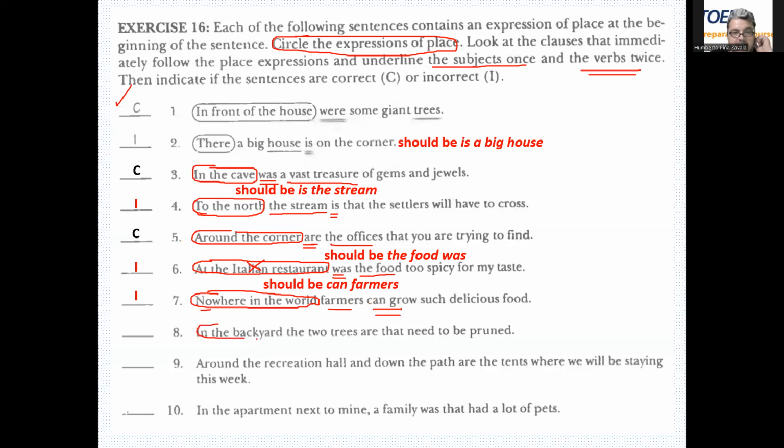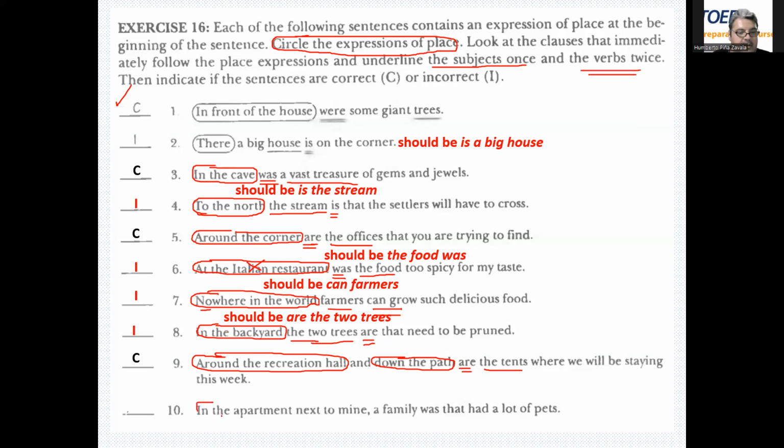In the backyard, the 2 trees are that need to be pruned. So it's in the backyard are the 2 trees that need to be pruned. Right? Around the recreation hall and down the path are the tents where we'll be staying this week. Very good.